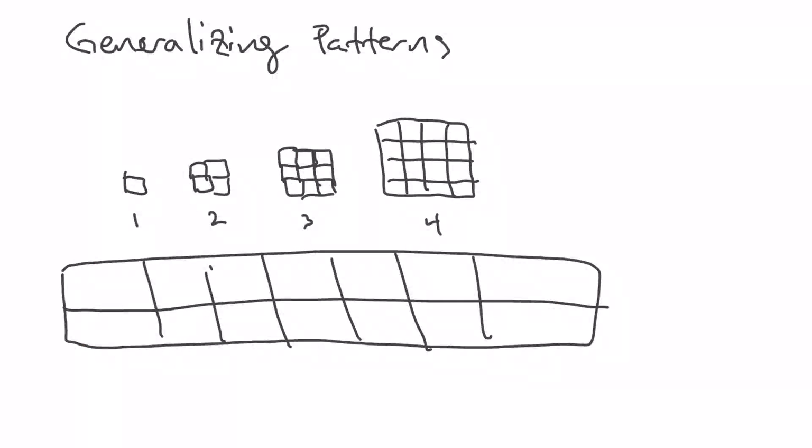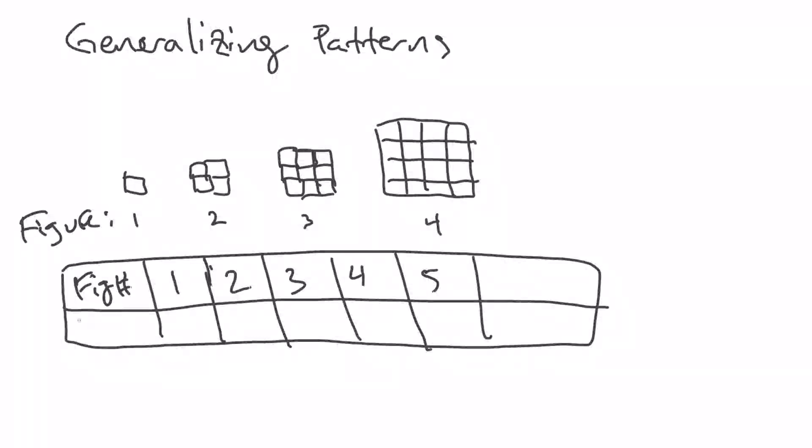Now for generalizing patterns, remember, it's always good to make a table. So here we can say these are the figure numbers right here. So 1, 2, 3, 4. So we want to predict what the fifth one's going to be.